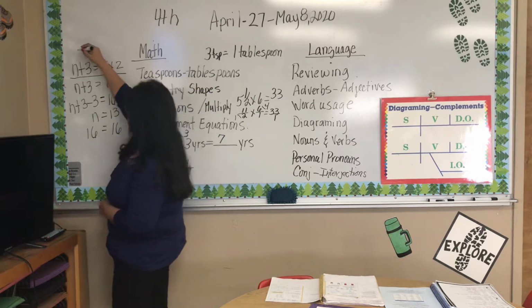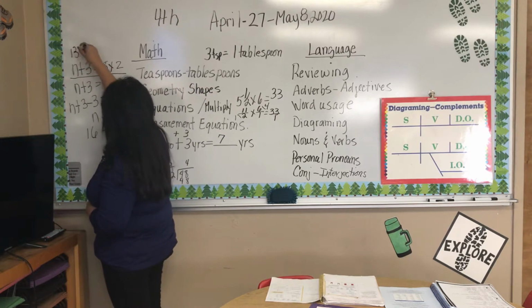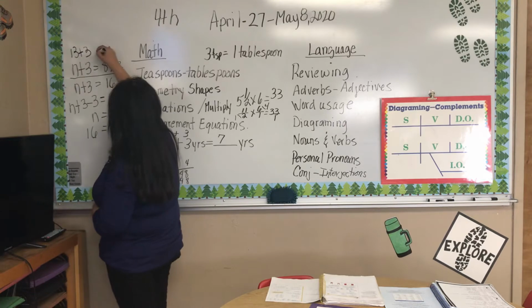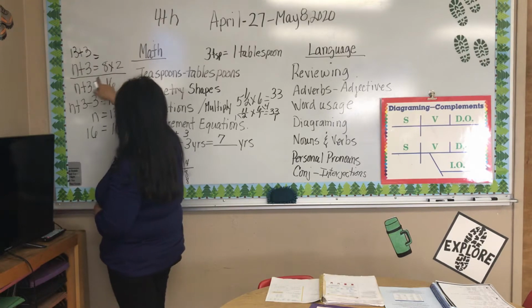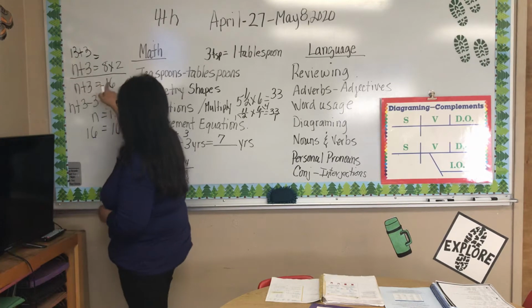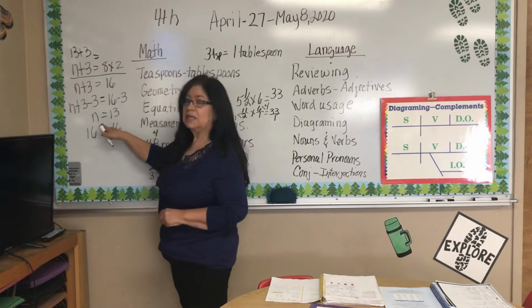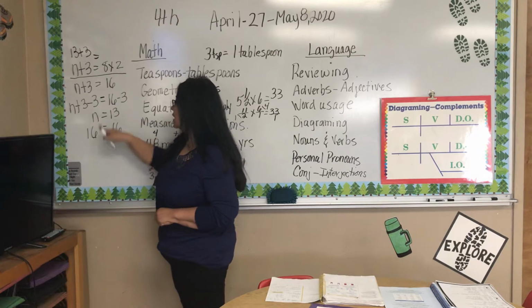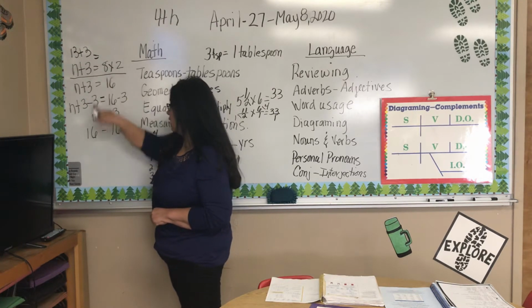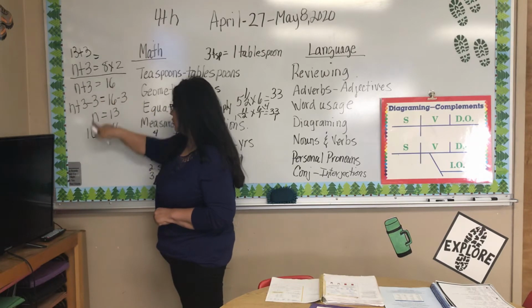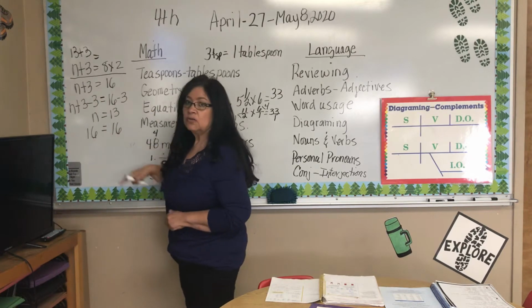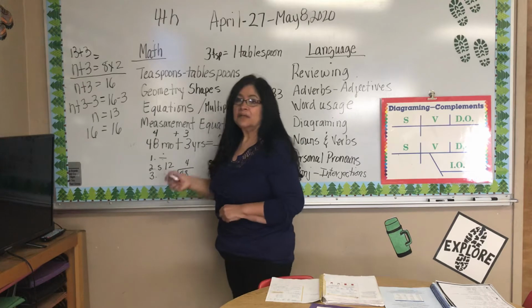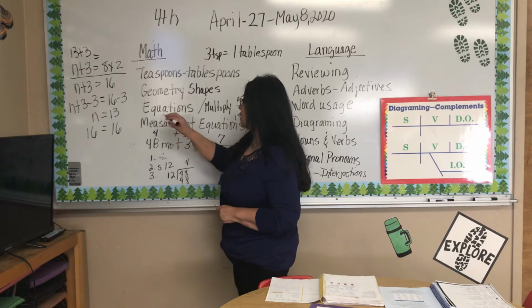So if you find your answer, 13 plus 3 is the same as 8 times 2. 13 plus 3 is 16. So your N is 13. So then your answer to each side of your equation is 16. Don't forget to do those steps, okay, when we're doing equations.